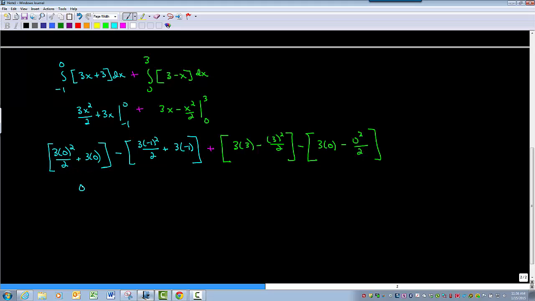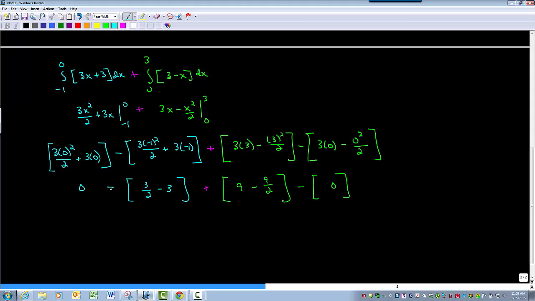This is going to be 0. That's nice. Now minus, this guy's going to be a little bit more messy. -1 squared is 1 times 3 is 3 over 2, so this is 3 halves minus 3. Okay, over here, this is going to be 9 minus 9 halves minus 0.